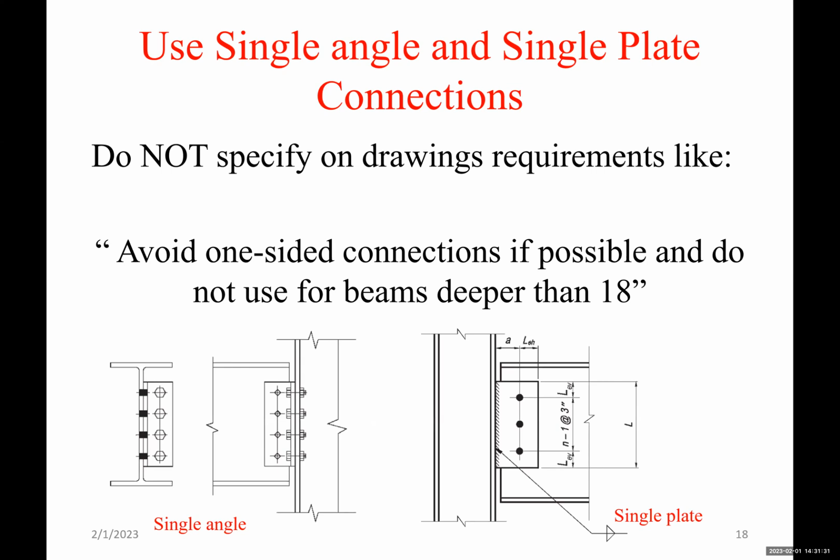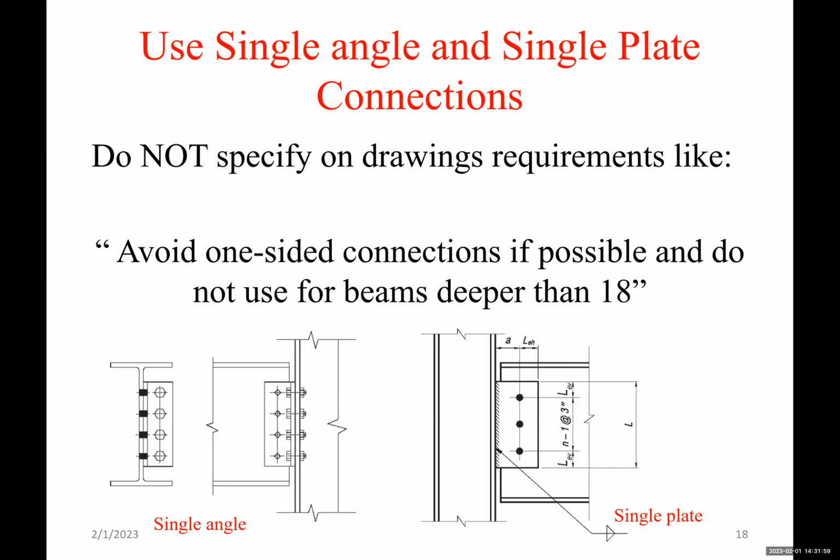One-sided connections, like a plate, shear tab, single plate, all these names, also single angle connection. Engineers like to use double angle connection, fine. They have good capacity and there are reasons for using them. If, of course, the connections are high, the bolts would be in double shear, so that will increase the capacity. So I have a reason for that.